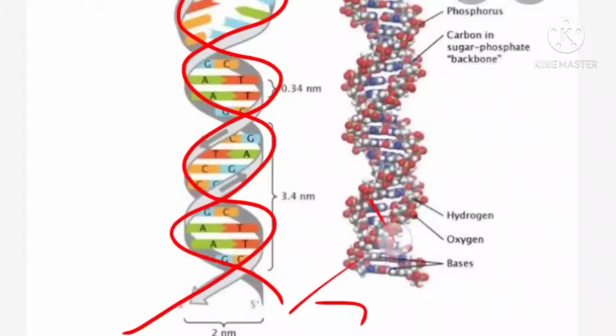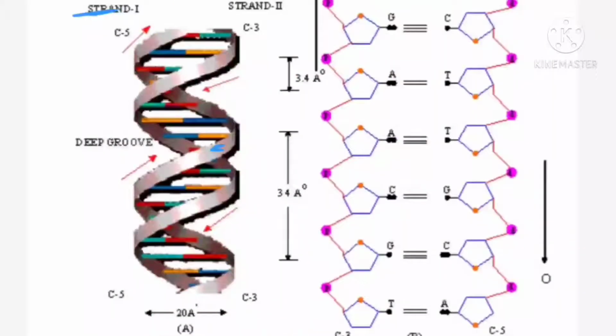What is this 3' and 5'? Listen carefully. When you are looking at the structure of the sugar, the carbon atoms are numbered: this is the first position of carbon, this is the second position, this is the third position, fourth position, fifth position.